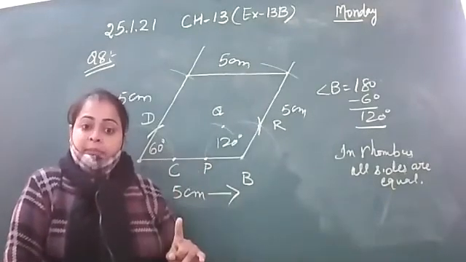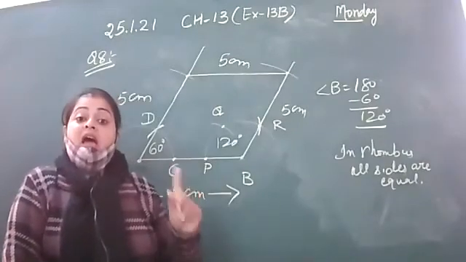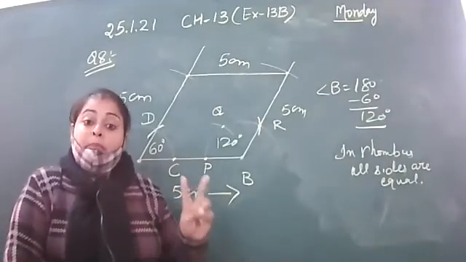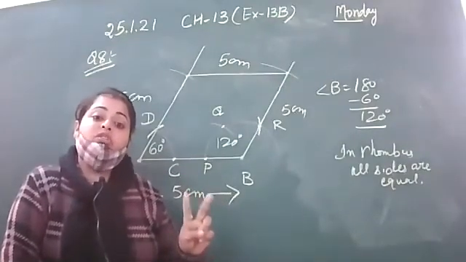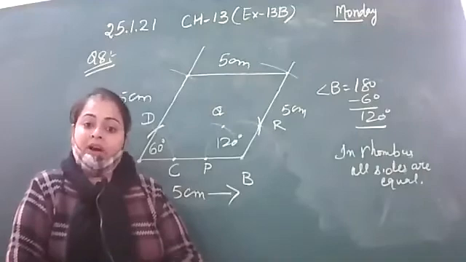Then you will say rhombus and square, both the quadrilaterals in which all the four sides are equal. Fine.